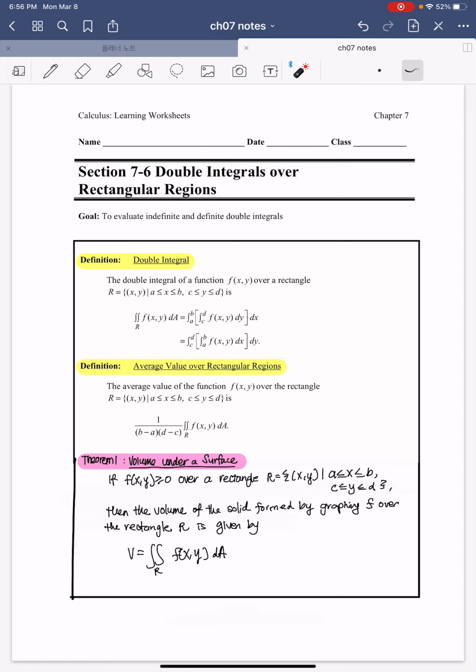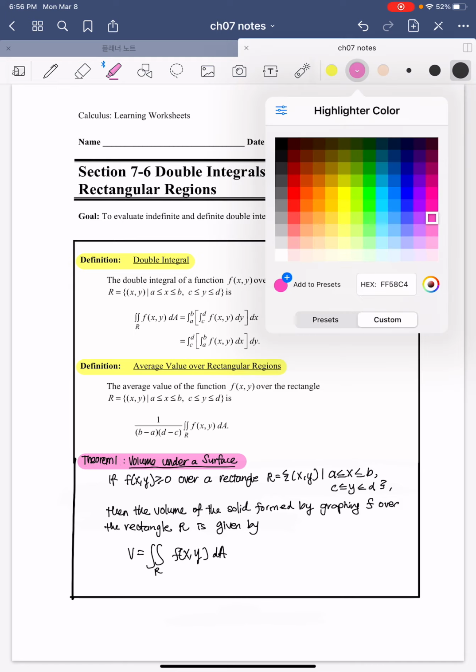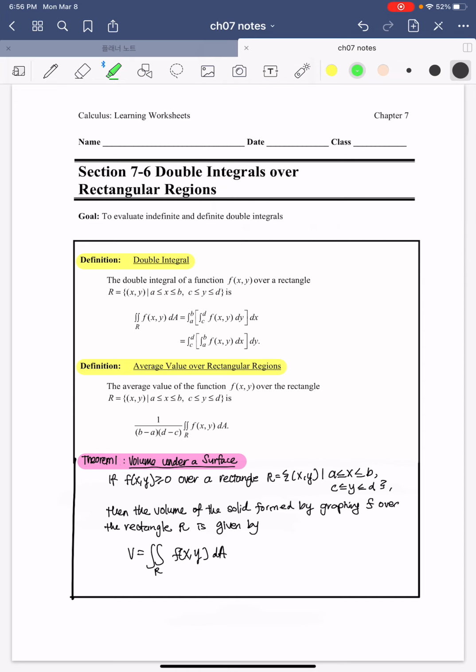So take a look at the definition. First one, you have dy first, and then second one, you have a dx first. Notice, here's a key thing that I want you to notice. If you look at the definition here, if you integrate y first, you're going to use the y values, c, d.